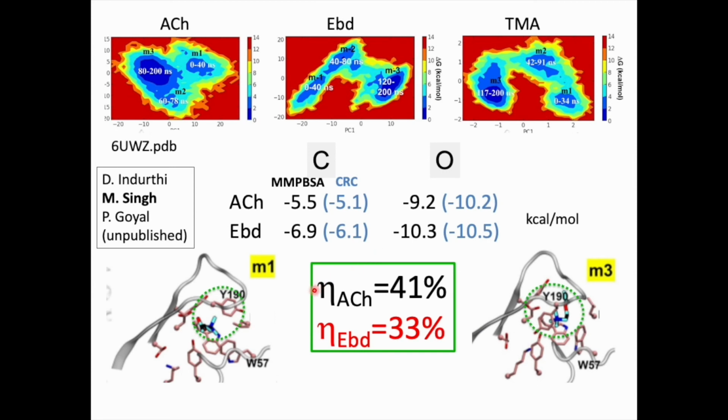And I'm just going to show here snapshots from the M1 and the M3 cap populations. In M1 the orientation of the ligand is with the quaternary amine pointing away from the principal subunit and being distant from the key 190 residue.